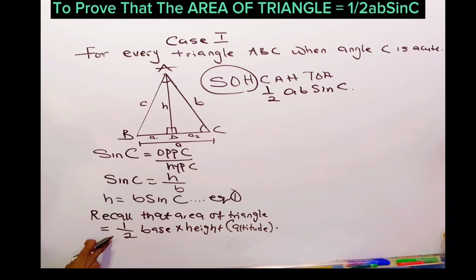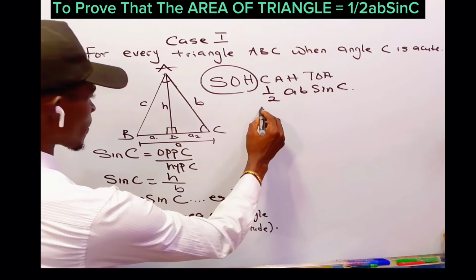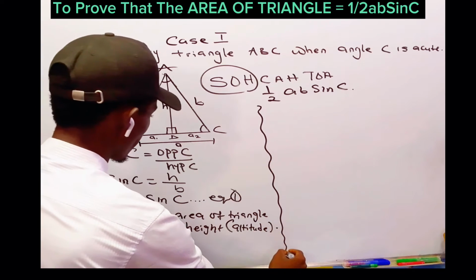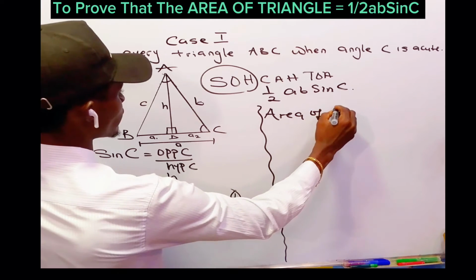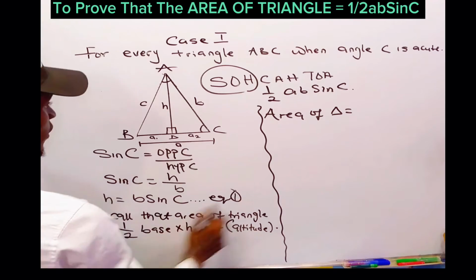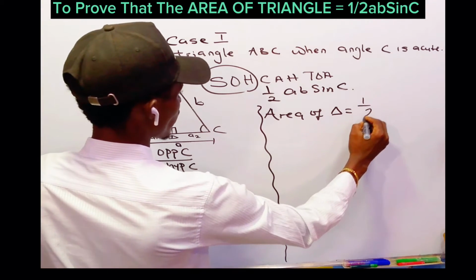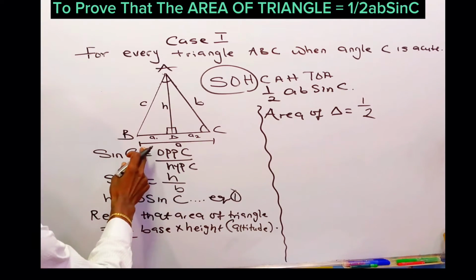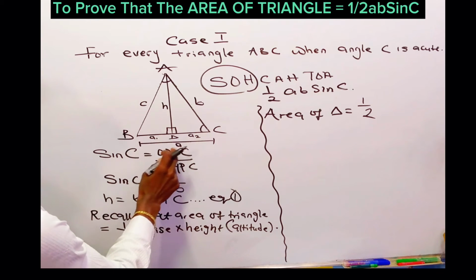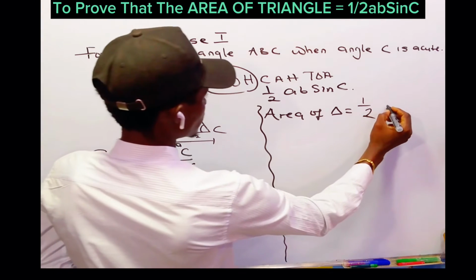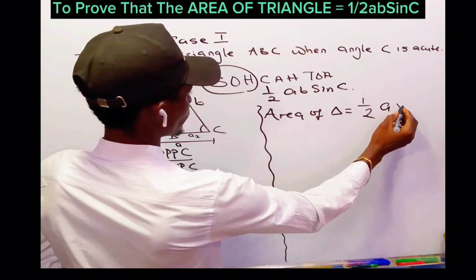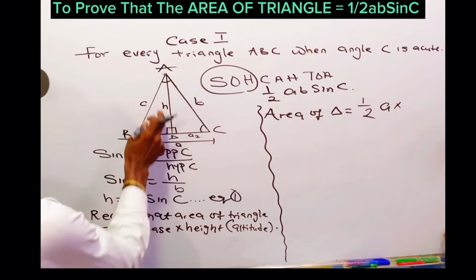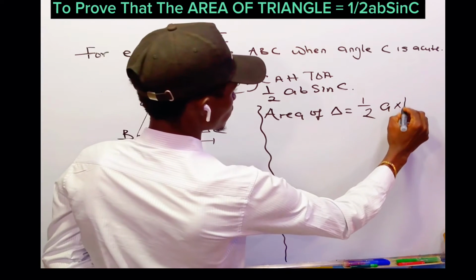This is the formula for finding area of triangle, which is half base times height. Therefore, the area of the triangle is 1 over 2. What's our base? Our base is A, times height. And what's our height? Our height is H, which is the altitude.